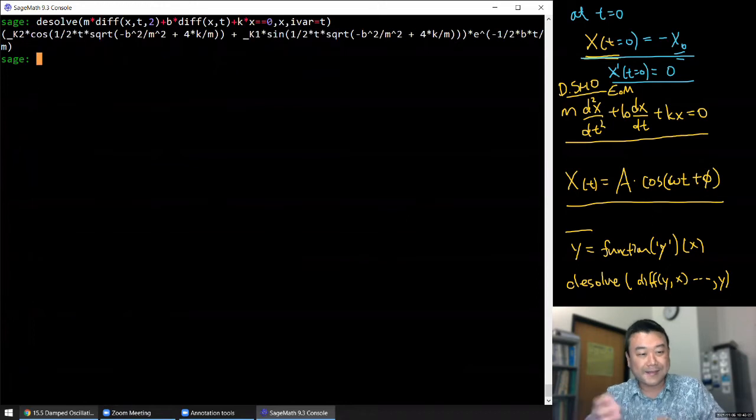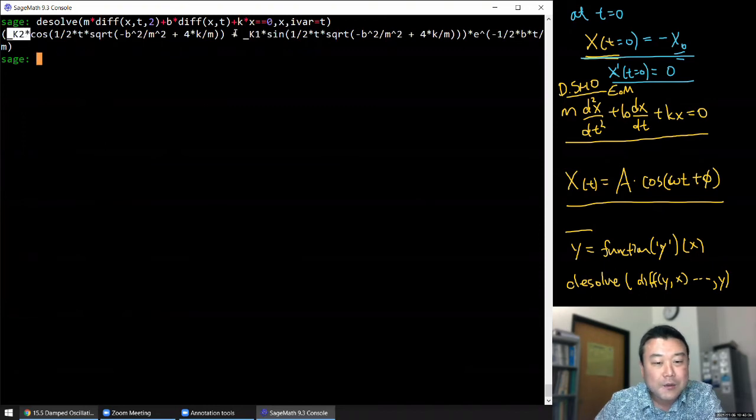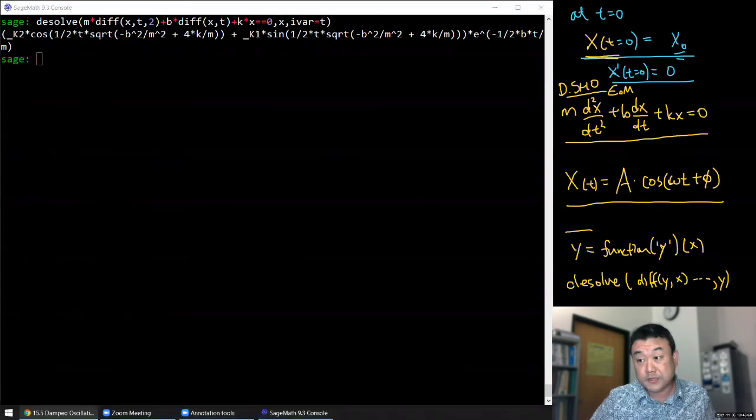And we get that. Okay, so it's got two parameters, k2 and k1. Let's try to put in the same initial condition as before. We started out with some displacement and then we let go. So some initial displacement, let's make the displacement positive, and the initial velocity will be 0.